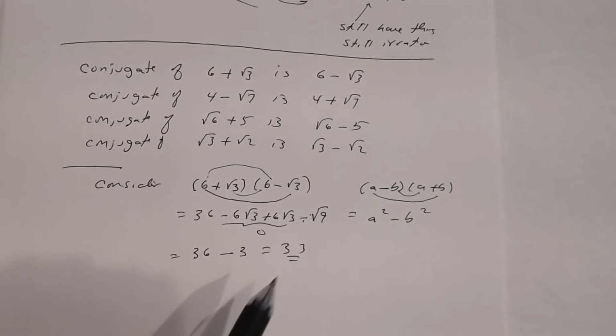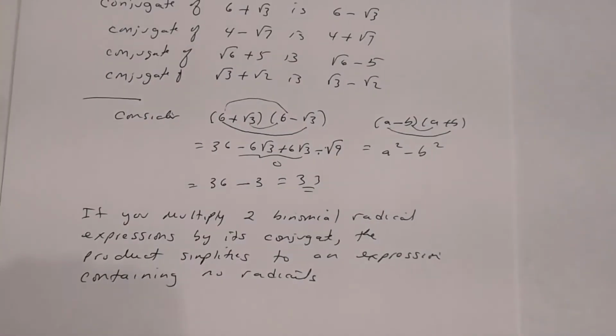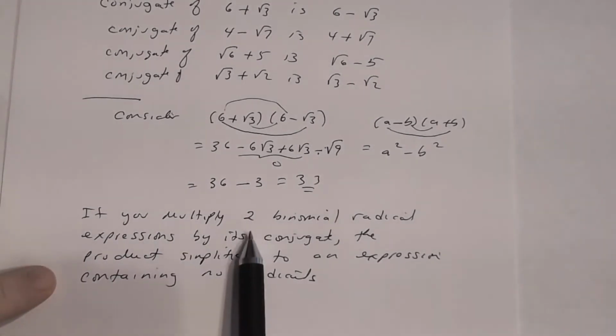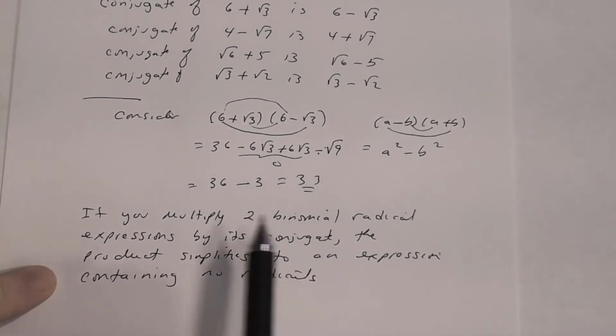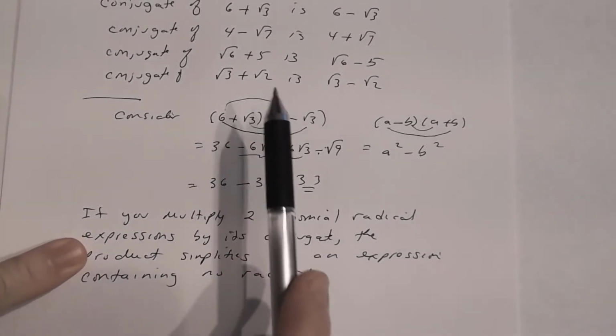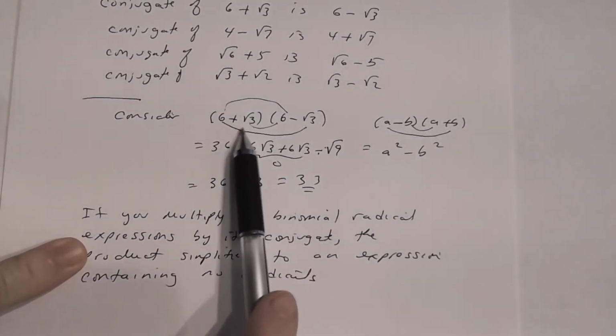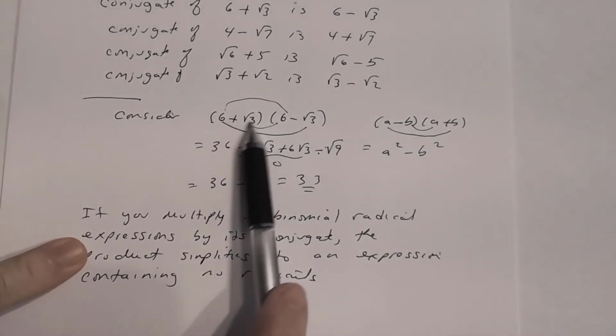Okay? All right, so what we just said was this. If you multiply two binomial radical expressions, let's look at the one we were just looking at. We have a binomial radical expression. We have a binomial radical expression. They're conjugates of each other.